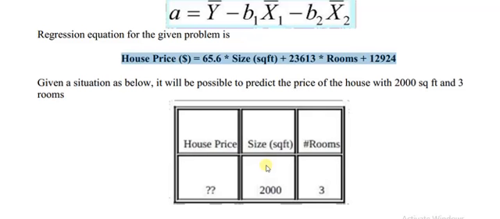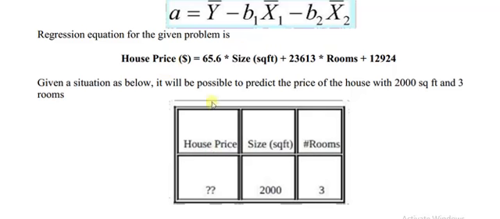I found the regression equation by analyzing the given data set, and once I have this equation, whenever we have a new data value we just substitute the values and arrive at the prediction.